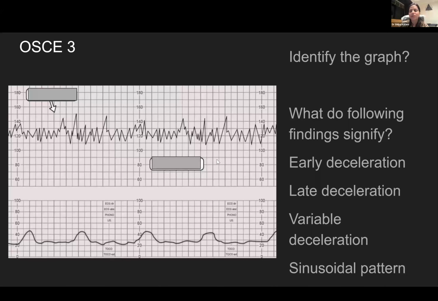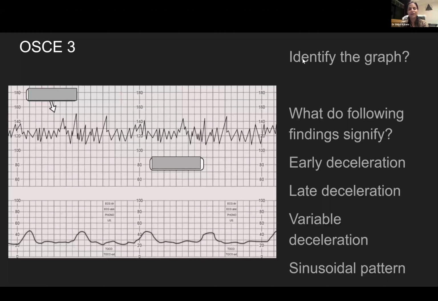So this is asking number 3. Identify the graph. What do the following findings signify? Early deceleration, late deceleration, variable deceleration, and sinusoidal pattern. So what is this graph? Ankita is saying CTG. Jaya is saying CTG.